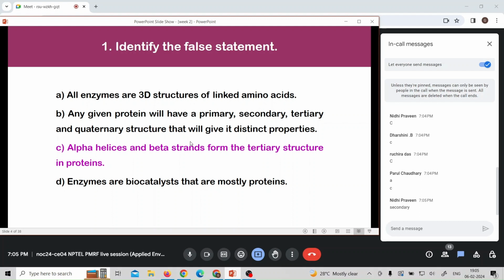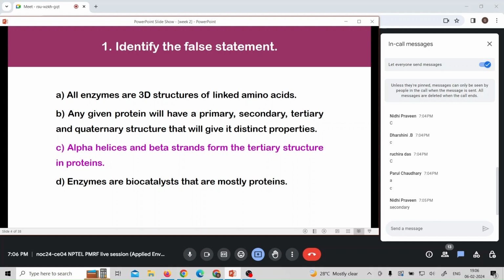We all know that all the enzymes are made up of amino acids, and they are mostly 3D structures. And also that any given protein will have a primary, secondary, tertiary, and quaternary structure that will give it distinct properties.